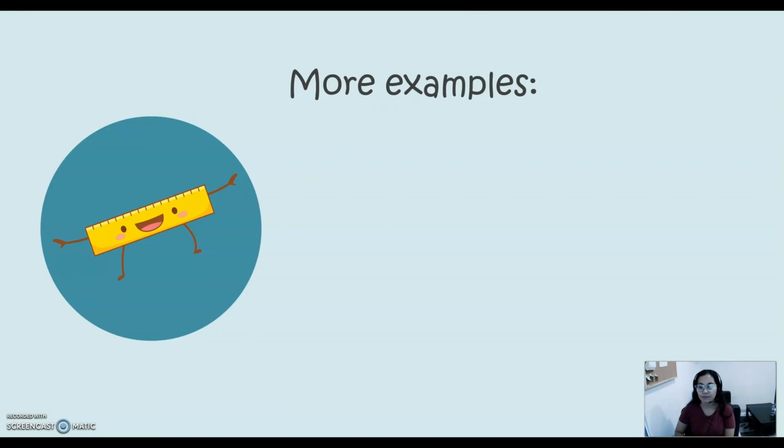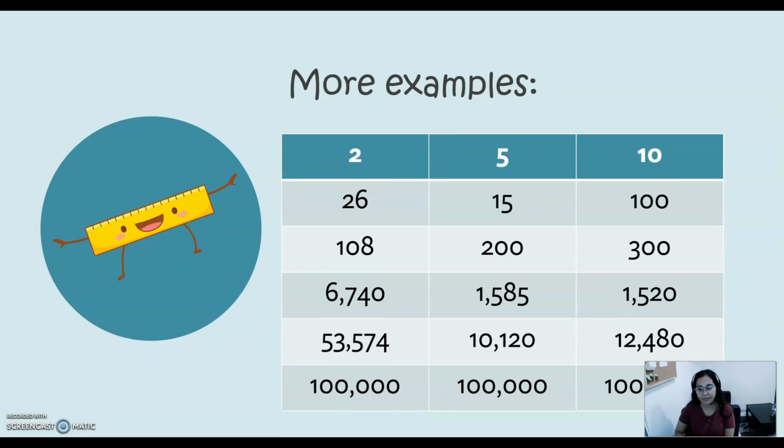Let us have more examples. In this table, we have the numbers 2, 5, and 10. Let's find the numbers that are divisible by 2, 5, and 10.